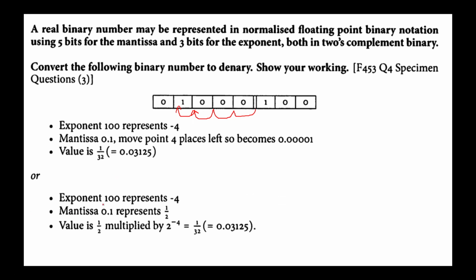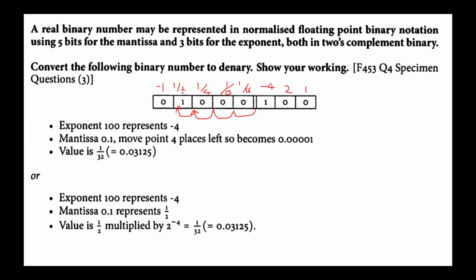Another way you could have done it is just by representing it like that, and then do the value of half multiplied. So this would be, I think, -1, then a half, then a quarter, then an eighth, then a 16th, then that is the -4, 2, and 1.